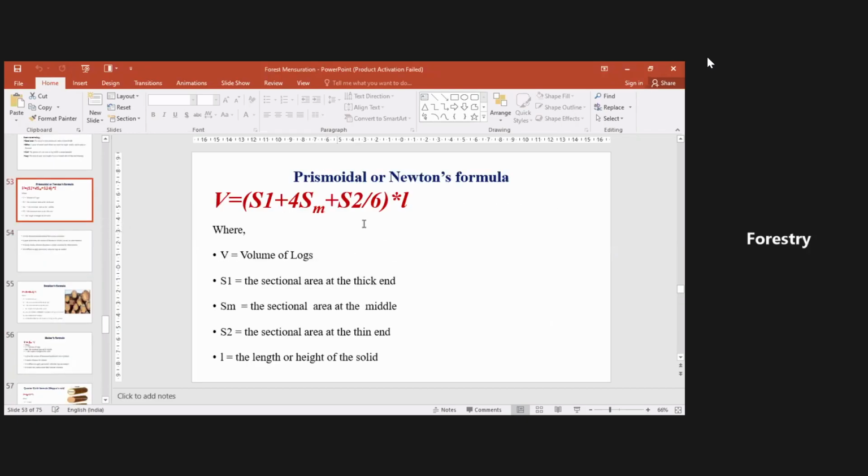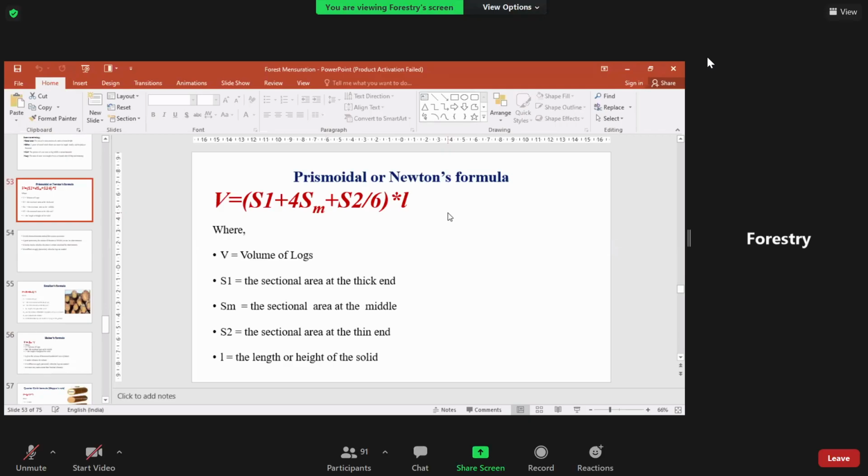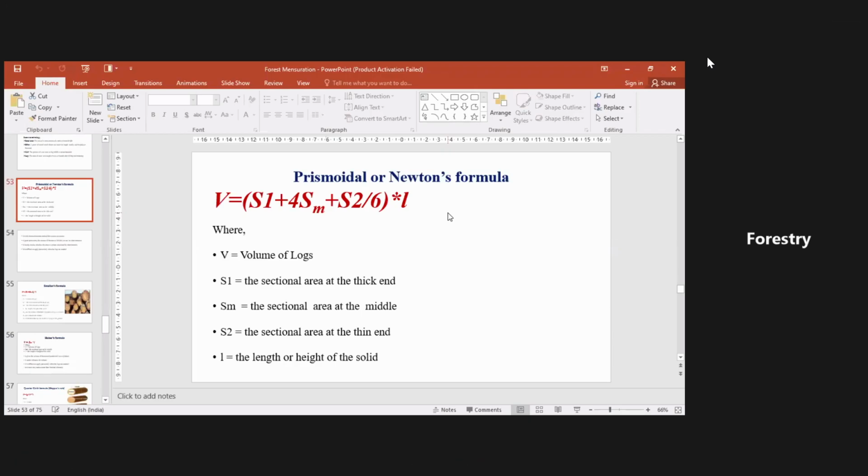Overestimation means the volume it gives is more. Like you consider a tree is having some volume like 10 cubic meter, and sometimes it will give more than that, means more than 10, it will exceed the volume.